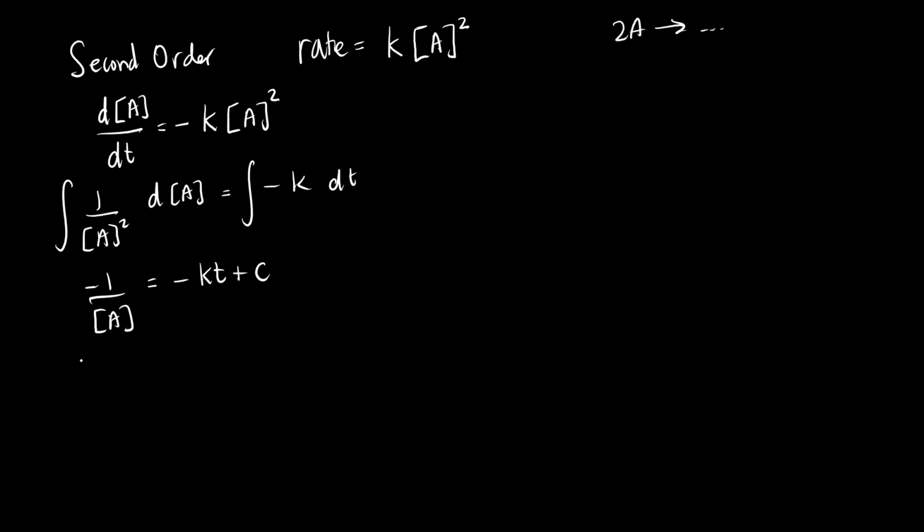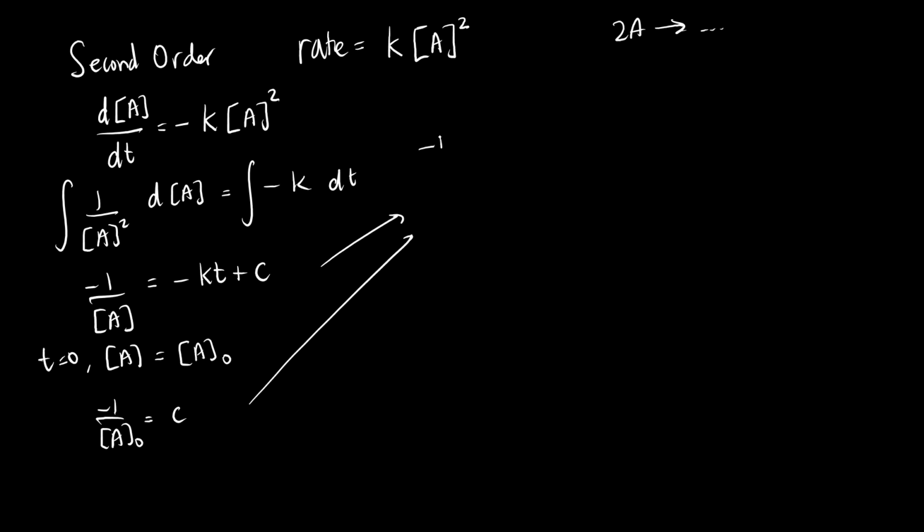Let's do our condition when t is 0. A is going to equal A0. So I have minus 1 over A0 equal to C. So our equation becomes minus 1 over A is minus kt minus 1 over A0.